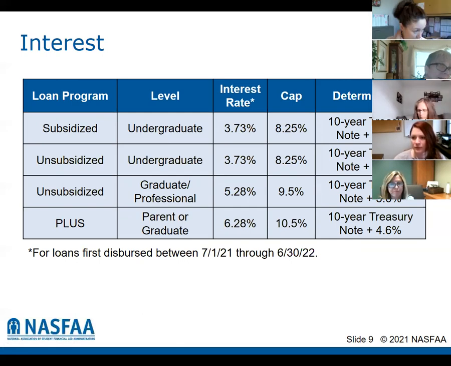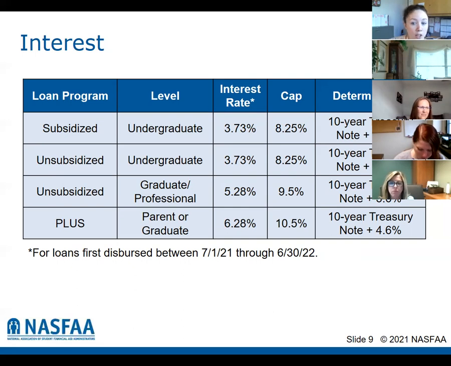I will explain it in a minute, or maybe if somebody wants to come on and say it. Does anybody know why the interest rates dropped so much from the 2019-2020 academic year to the 2020-2021 academic year? Because of COVID-19. Good. I don't know who that was who said it, but yeah, exactly.